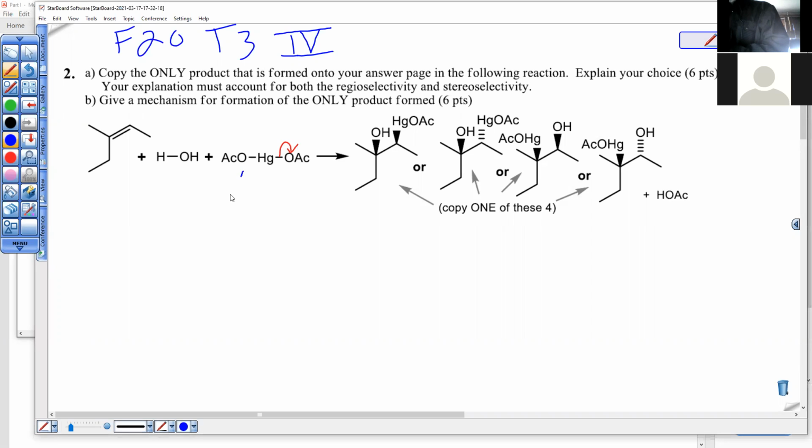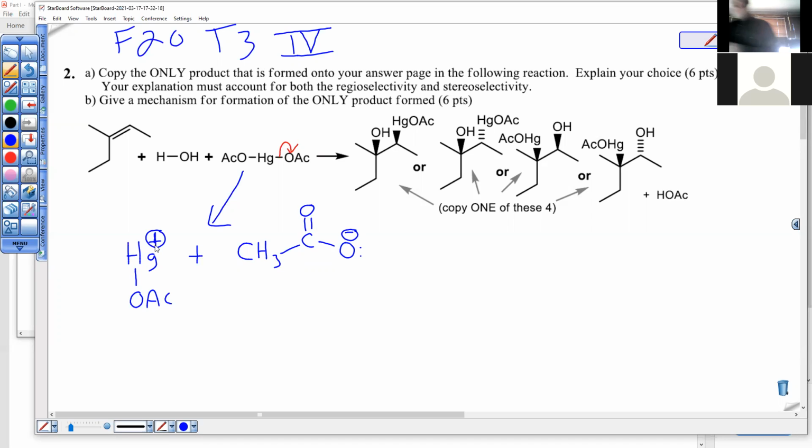And it's okay to use that short form OAc, but we need to know that an Ac is a CH3 attached to a carbonyl, and the O part of the OAc is the extra O that makes it an acetate. So that's one piece that broke off. The other piece that broke off is mercury with a second acetate still attached, and it doesn't ionize further. That's just the nature of this ionic compound, a single ionization.